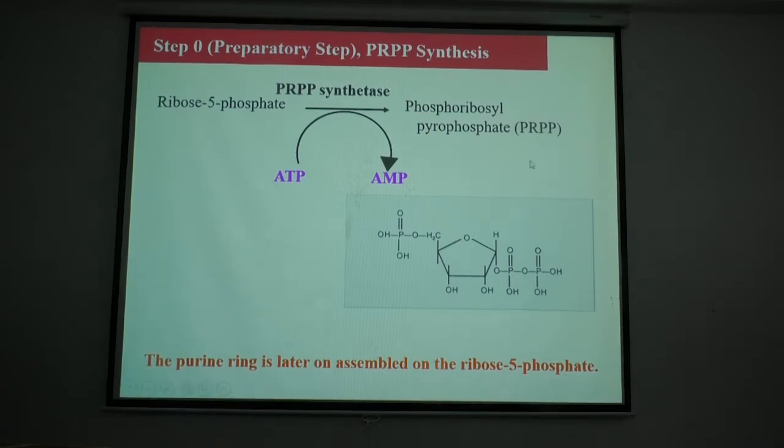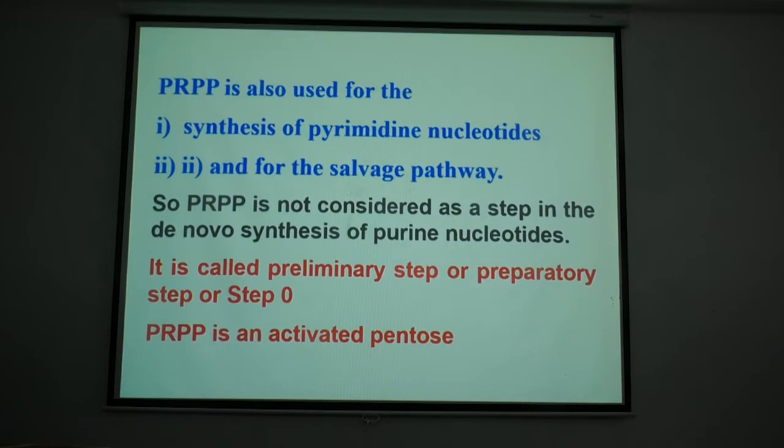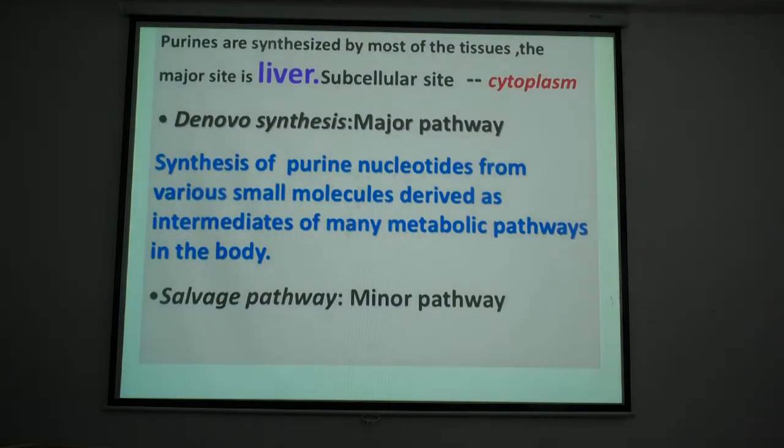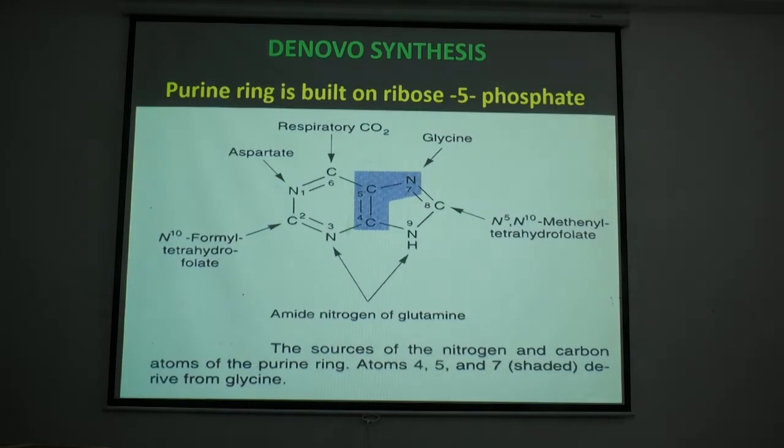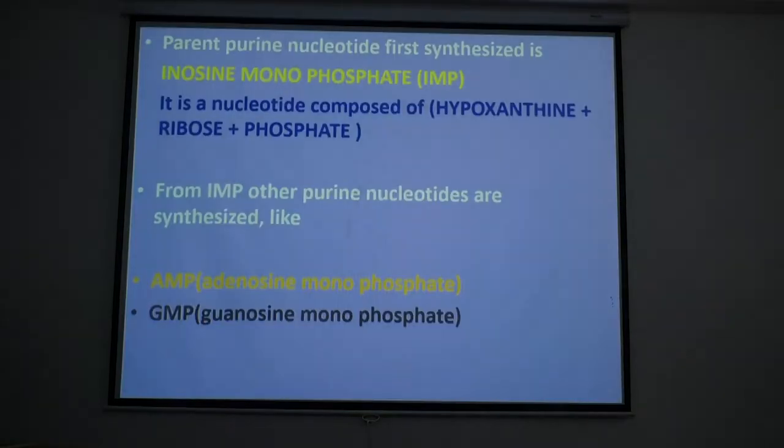Then it will give PRPP. That PRPP will be helpful for purine synthesis and also for the salvage pathway. The salvage pathway is very important for short questions.